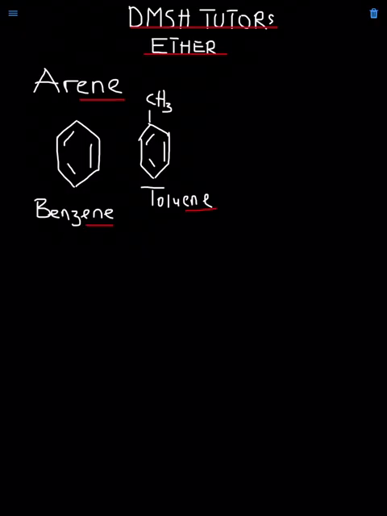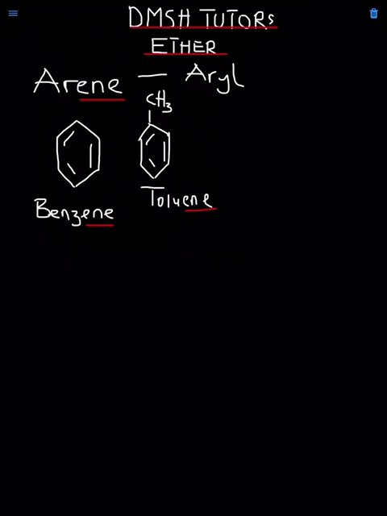But we have a derivative called aryl. Aryl is the name of aromatic compounds whenever they are joined to another compound. So it means that whenever aromatic compounds want to join to another compound, their names change from arene to aryl.